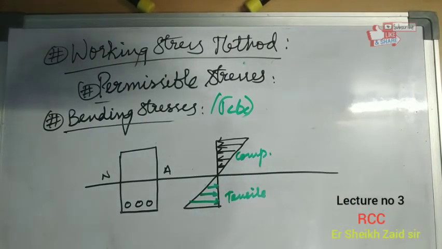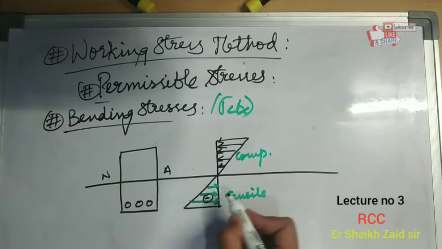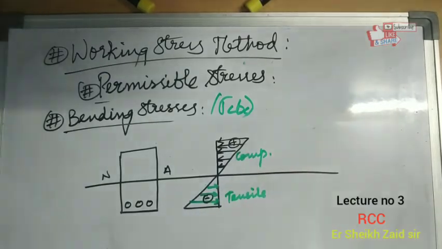Tensile is denoted by negative and compressive by positive. So this was the bending stress diagram of the cross section of a beam subjected to some general loading or UDL.